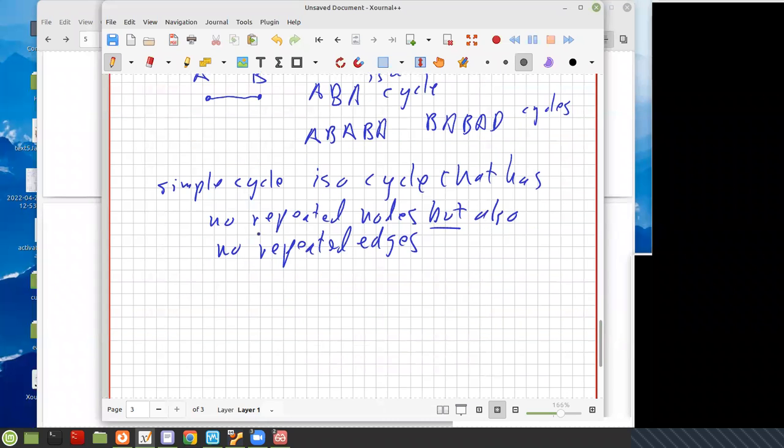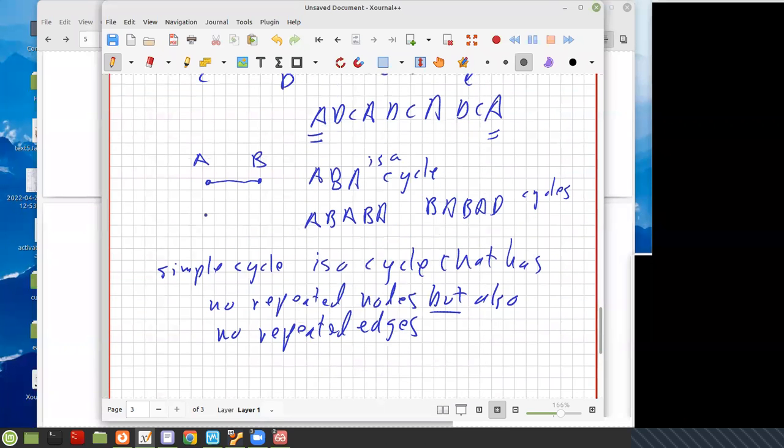For example, this is not simple because it repeats an edge. What we want to capture with a simple cycle is one that goes around a loop only once.